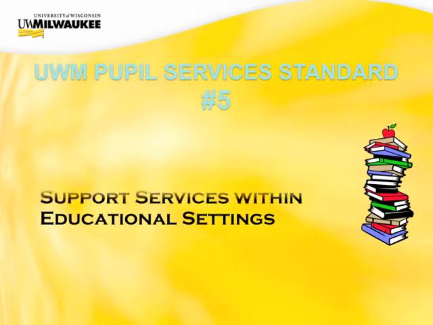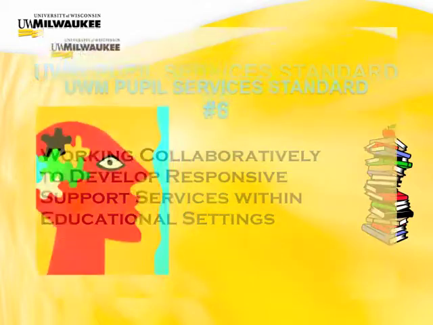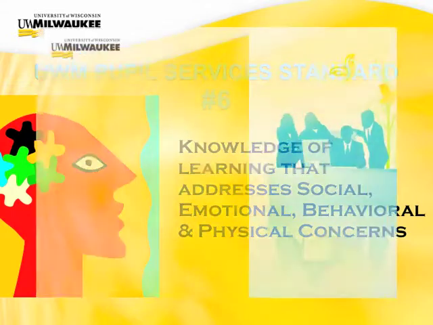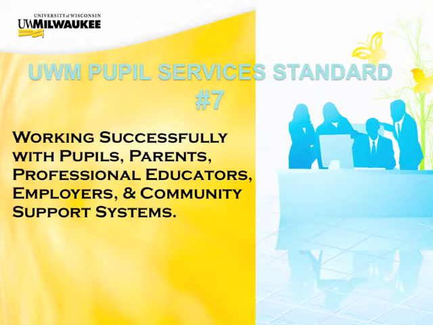Number 5 is working collaboratively to develop responsive support services within educational settings. Number 6, addressing social, emotional, behavioral, and physical concerns. And finally, the 7th standard involves working successfully with pupils, parents, professional educators, employers, and community support systems.